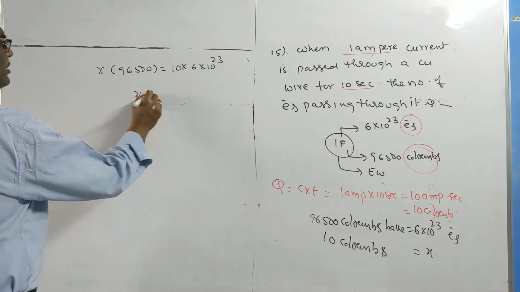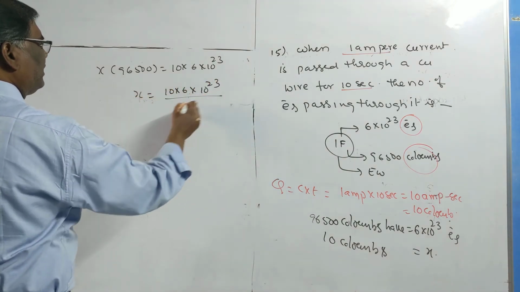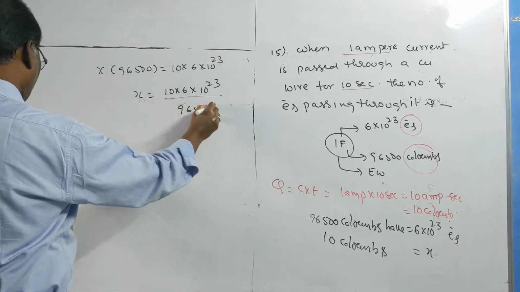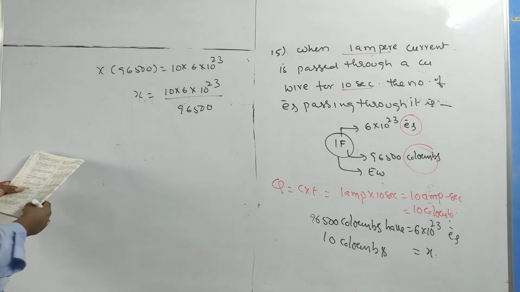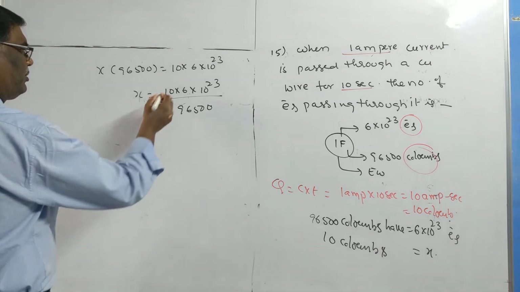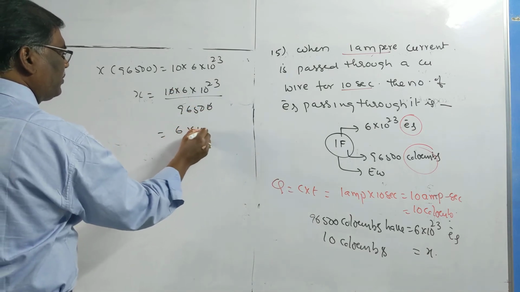So X is equal to 10 into 6 into 10 power 23 by 96500.